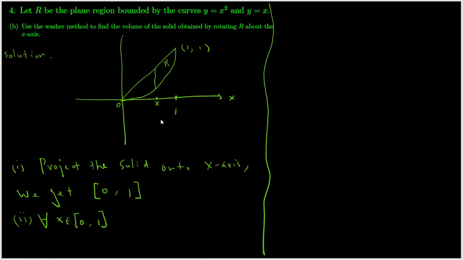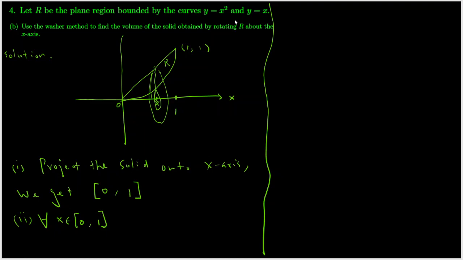Anybody want to tell me a description of the cross section? Maybe I'm going to try to draw the cross section in 3D. It's not a circle.